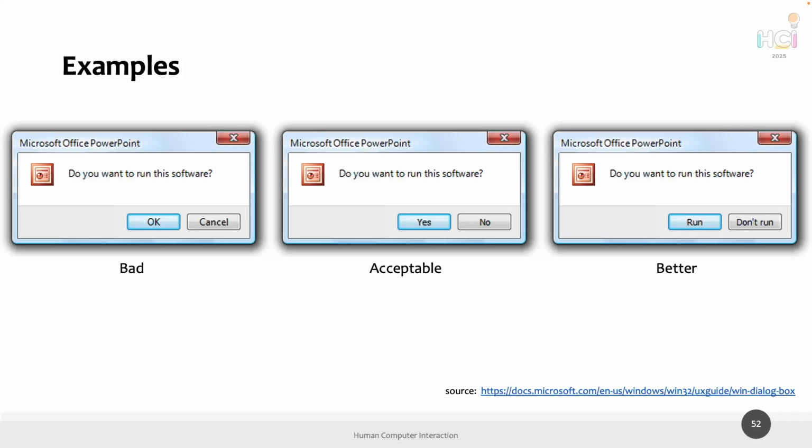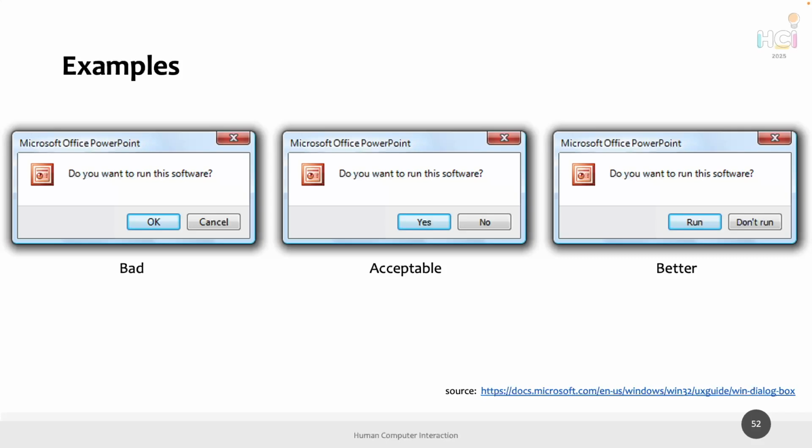Okay, so this is an example of consistency and standards related to dialogues. Why is the first one bad? Yes, because you don't naturally answer cancel to that question, okay?